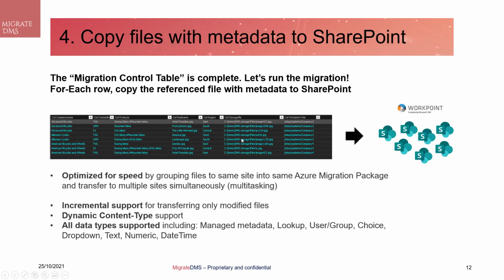Once all this is in place, we are ready to run the migration. You can see it has the company name, some metadata, the multi-value column, the name for the file, the storage location, and the destination site. Obviously, there's a lot more to migrating a legacy document management system into SharePoint than just copying the files. Let's get started with the demo.